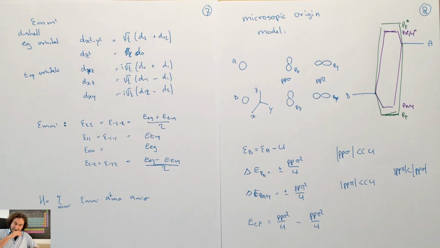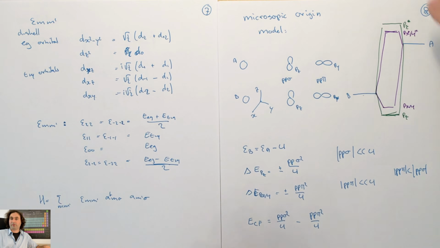It is this detailed balance that makes these kinds of calculations so hard. You really have to be accurate and include all these interactions.